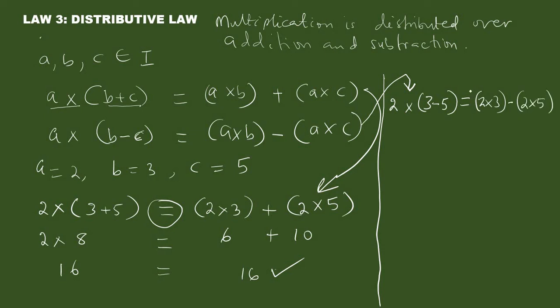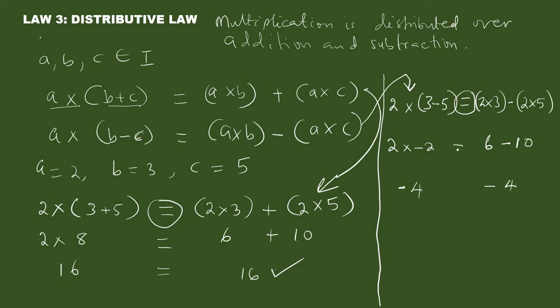Let's see. On this side I have 2 times minus 2, and that gives me minus 4. On this side I'm going to have 6 minus 10, and that gives me minus 4.